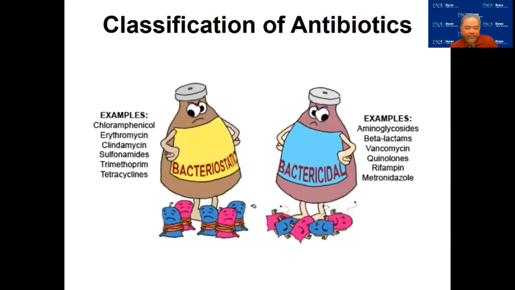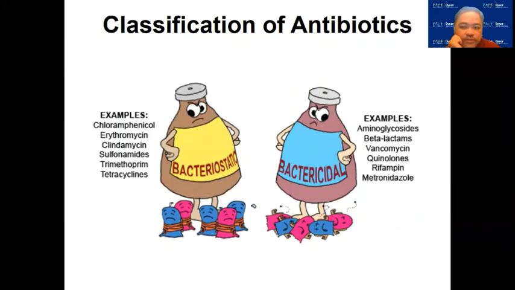Now, if we look at the classification of antibiotics, we can classify them as either bacteriostatic or bactericidal. Bacteriostatic antibiotics inhibit or delay bacterial growth and replication.